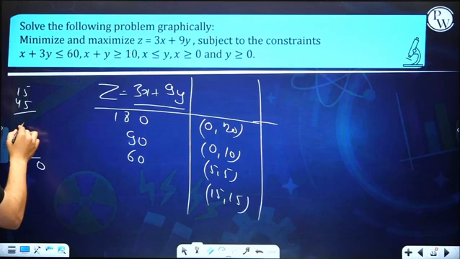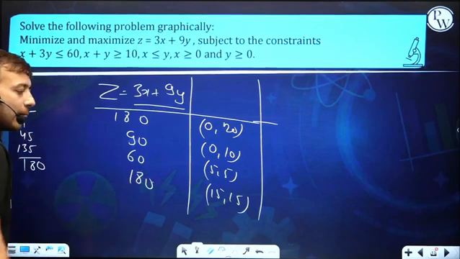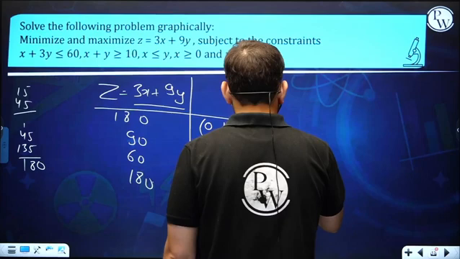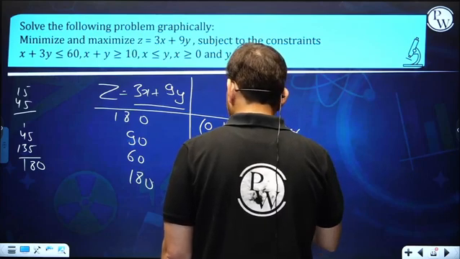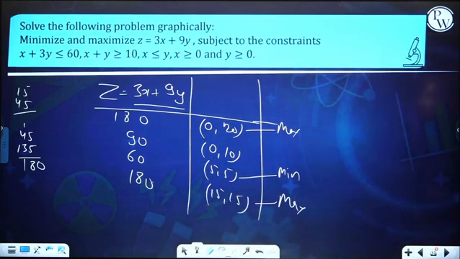So 45 plus 135 is 180. So that means this is your maximum, and this one will be your minimum.